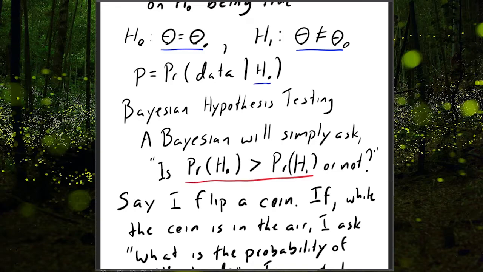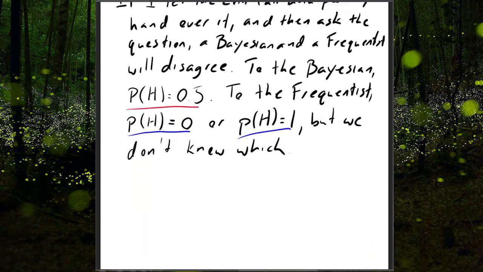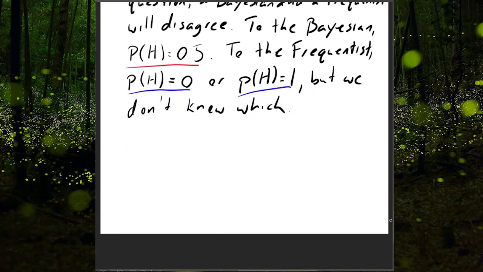So how does a Bayesian consider this problem? Let's scroll down a little bit more. I'm going to run out of room here, but that's okay. I'm about done with this lecture.